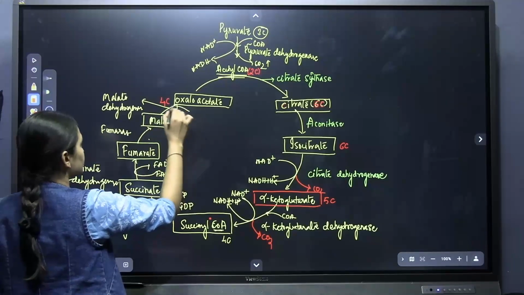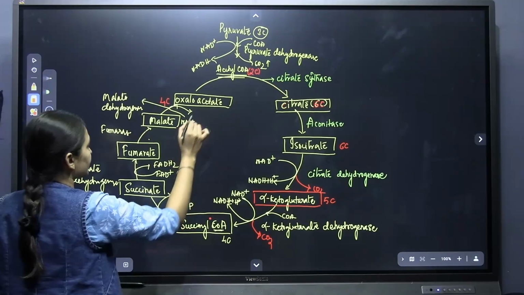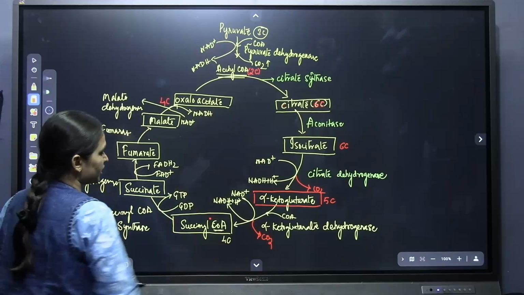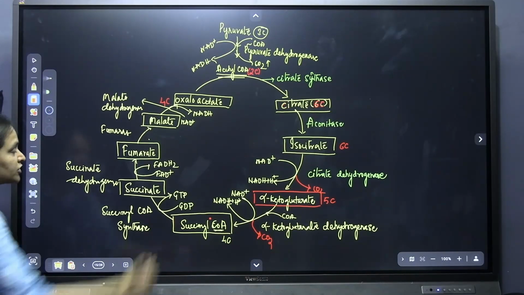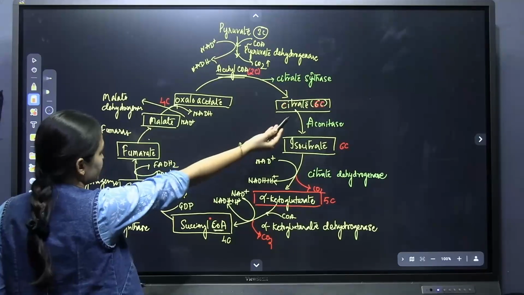Even here also one molecule of NAD plus is converted to one molecule of NADH. Understood? NADH. So this is the Krebs cycle. And oxaloacetate again combines with acetyl CoA to form citrate.